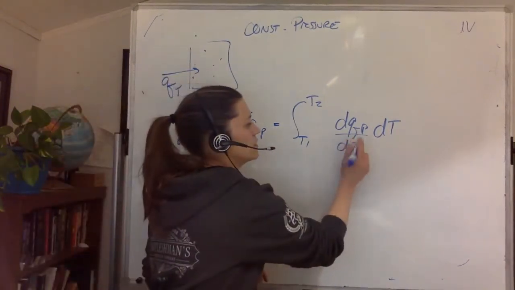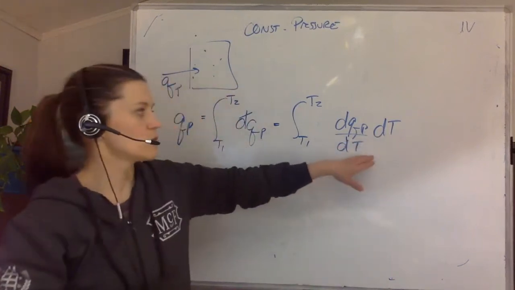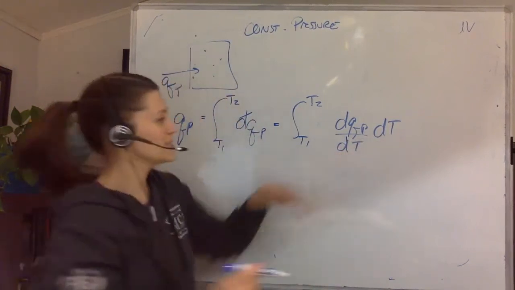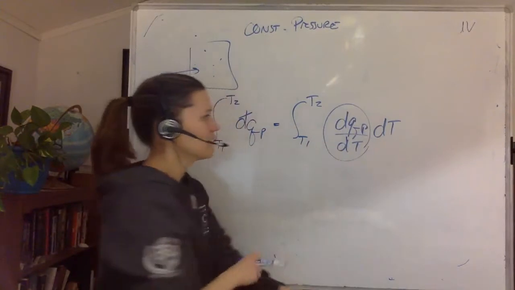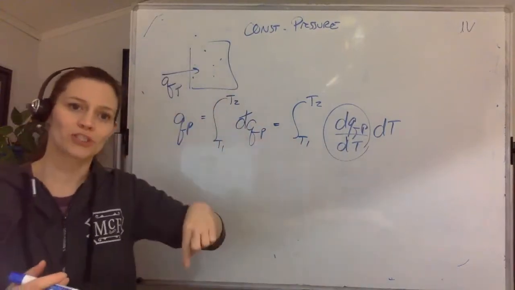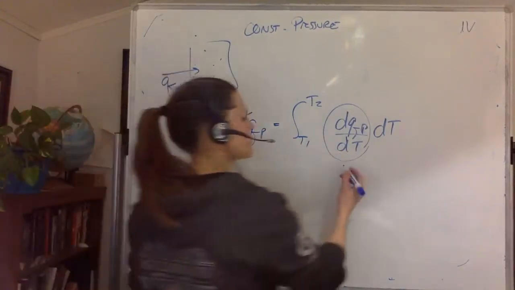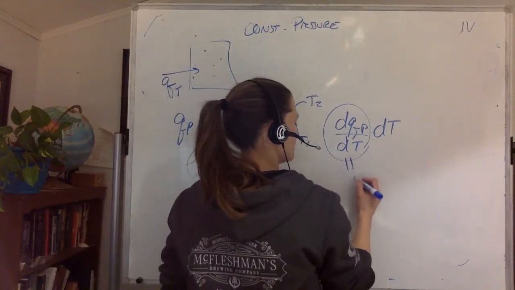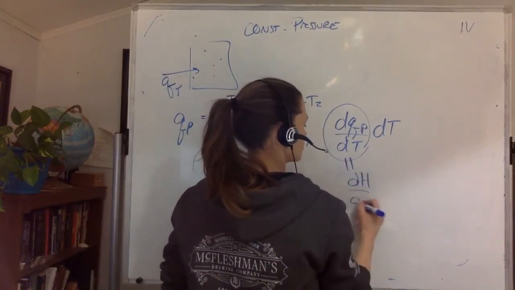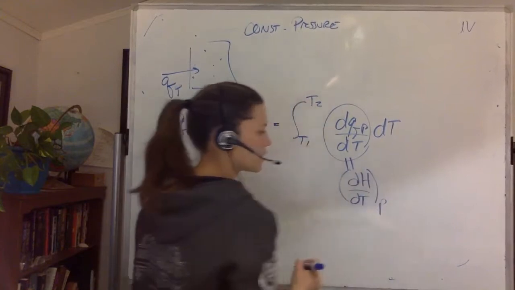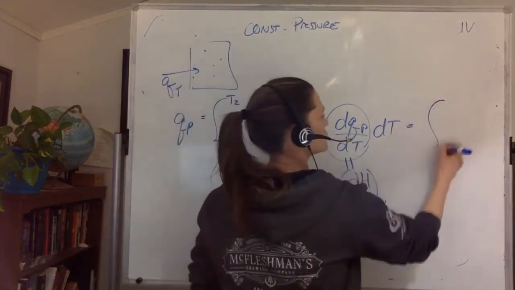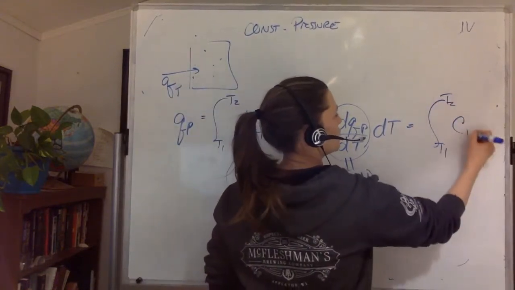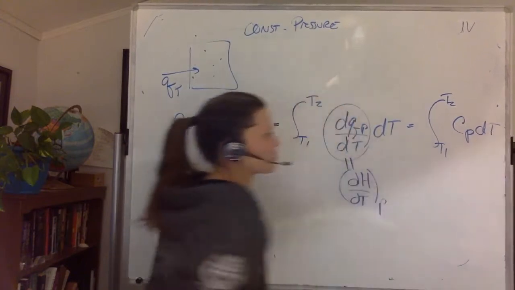So dT over dT, multiply it by 1, but then what's really neat, the change in heat at constant pressure per change in temperature, that should look familiar. That is just partial H partial T under constant pressure, which is also equal to the heat capacity at constant pressure.